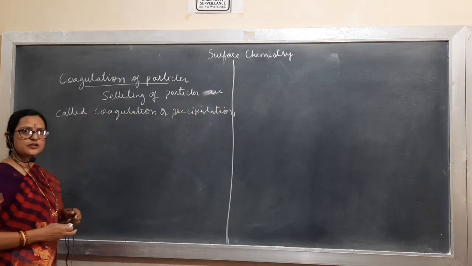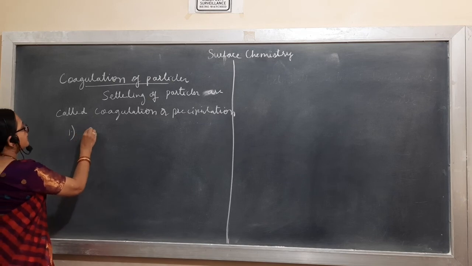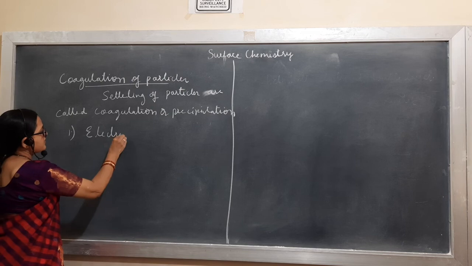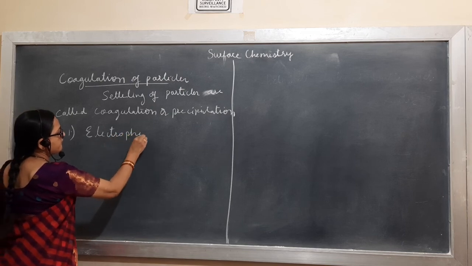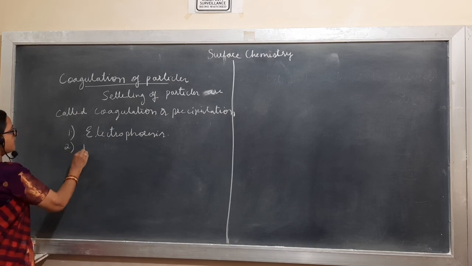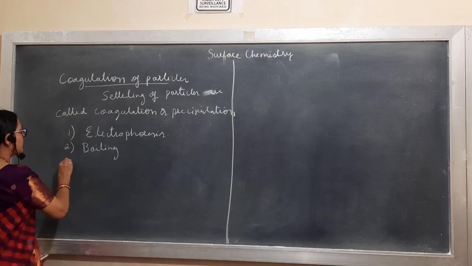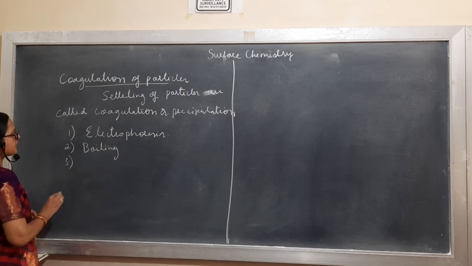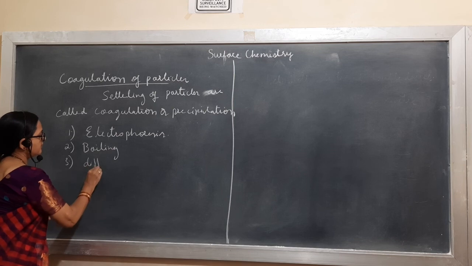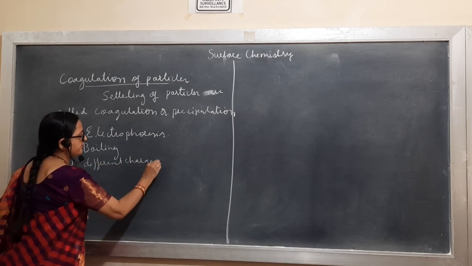This can be done in a few ways. One is electrophoresis, which we are going to do next. One more is by boiling. You can precipitate it by adding a differently charged salt.